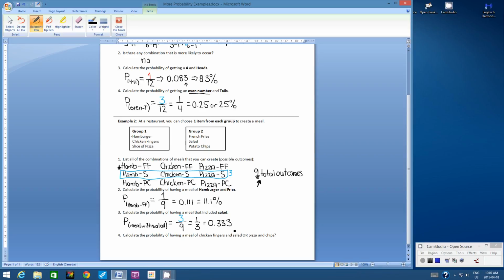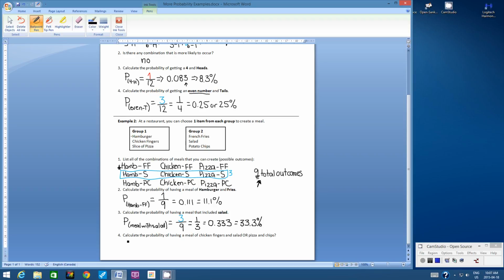This is one of those repeating decimals. Equals 33.3%. 1/3 is probably another one of those fractions that you should just memorize what the decimal and what the percentage is, because that one's pretty common. Okay? Sorry about my mistake for the denominator. We have 3 over 9.